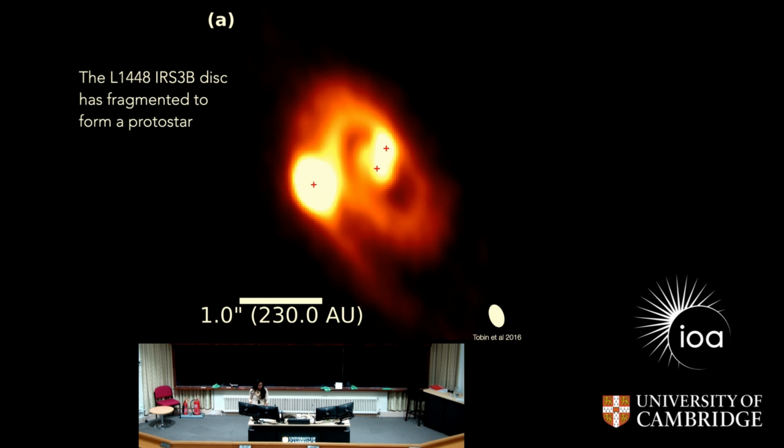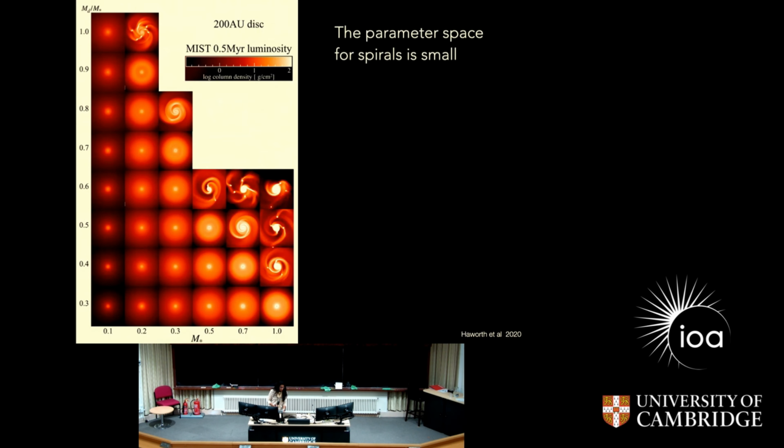And so we can start to think a little bit more about the parameter space for fragmentation and also for spirals. What you're seeing with this plot here is a really nice plot that Tom Howarth came up with. He did a suite of simulations looking at different stellar masses and different disk to star mass ratios.